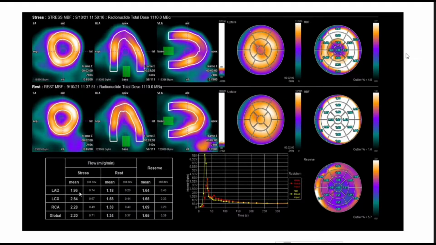The LAD is proportionally down from the other two distributions. And that shows up right here because the LAD is being counted from this around there and up like that. All of that is averaged for the LAD numbers. The circumflex is averaged over here, and then the right is averaged down here.